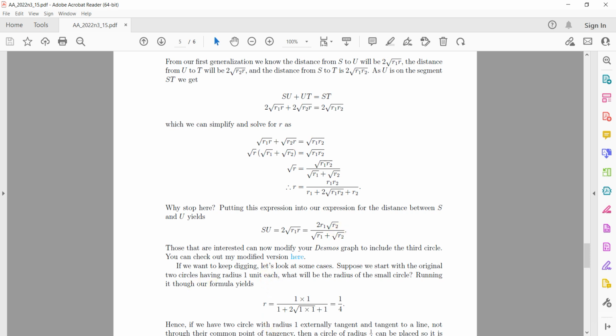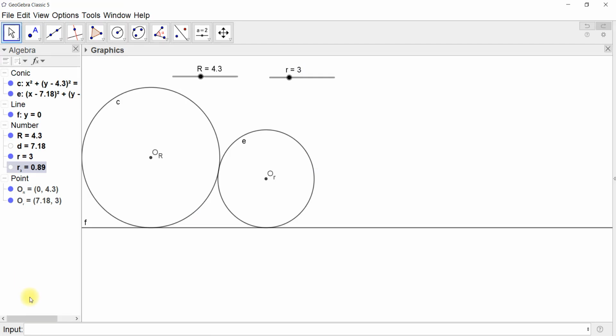So that's going to be my new distance. So if we go back to here, I'm going to type in d sub 2. And that's going to be big R times the square root of little r divided by the square root of big R plus the square root of little r.